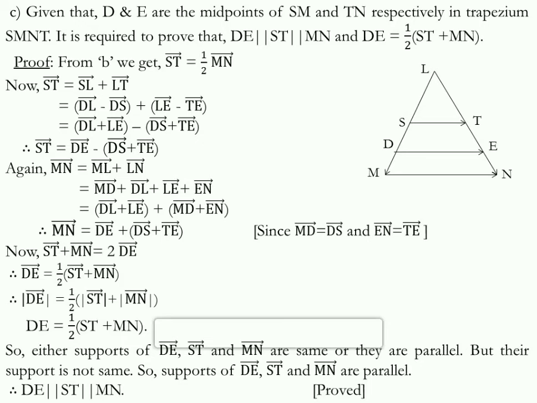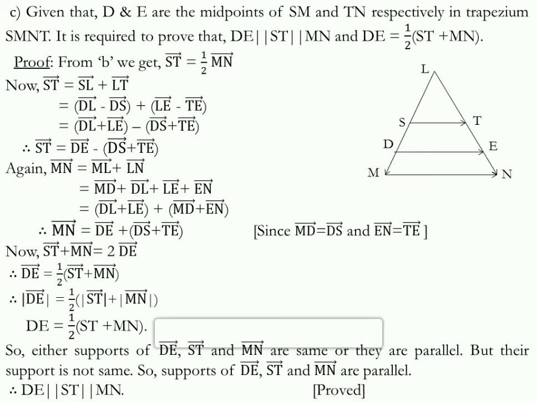Again, MN can be written as ML plus LN. Now, what can we write instead of ML? MD plus DL, and LN can be written as LE plus EN. Now DL plus LE becomes DE, and MD plus EN stay in a bracket.